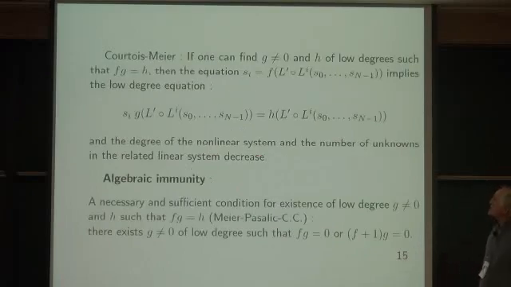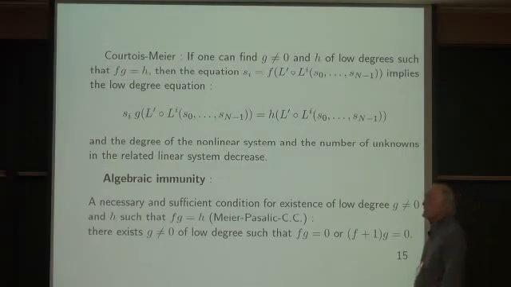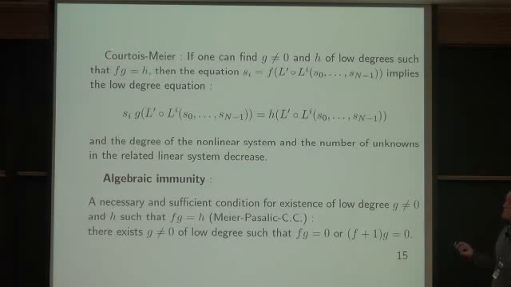But there was this very simple idea by Courtois and Meier. If you can find a non-zero function g and a function h, both of low degrees, such that f times g is h, then from the initial equations you can get equations of lower degree.